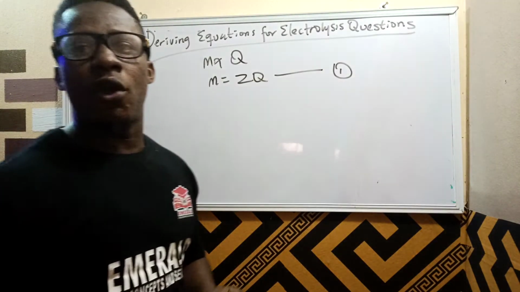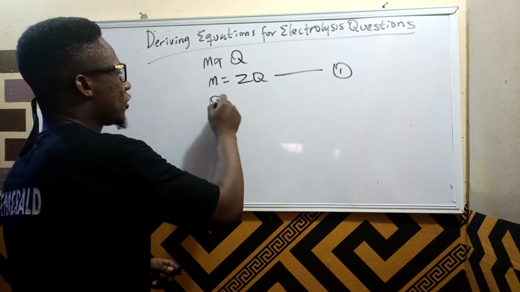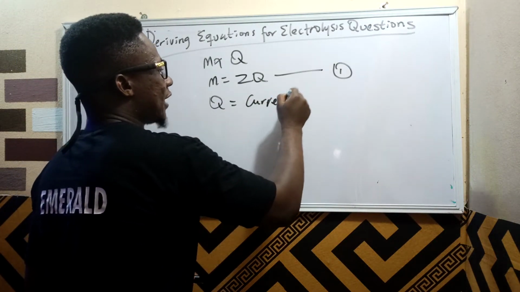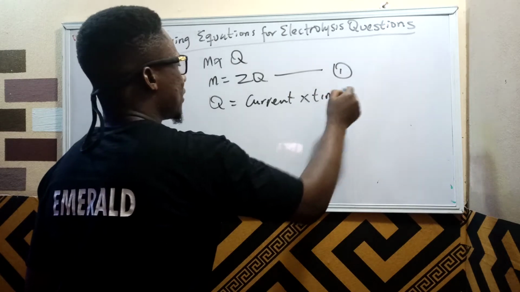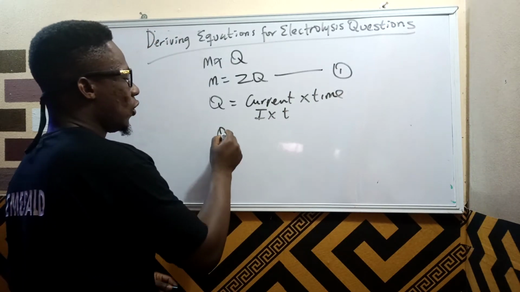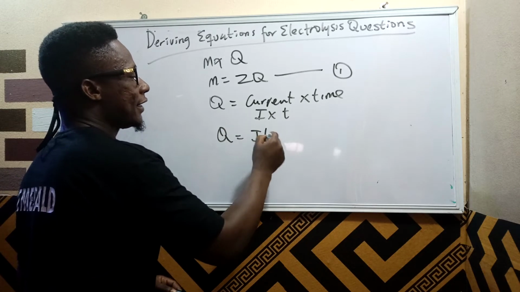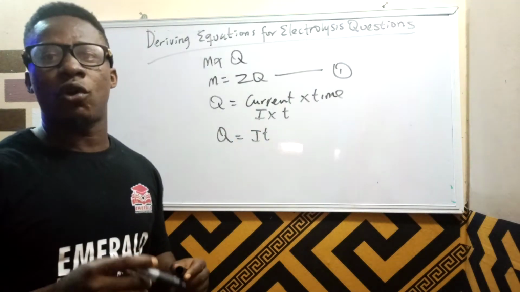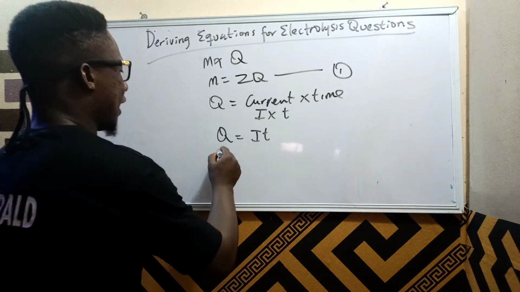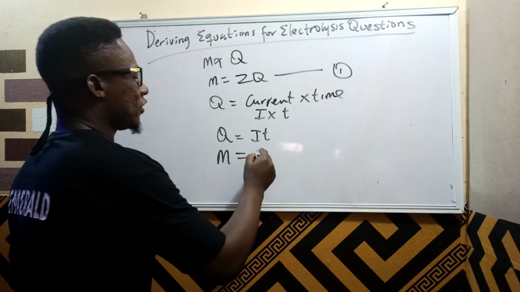However, we also know that Q, the quantity of electricity, is equal to current times time, that is I times T. Therefore, Q is equal to IT. When we slot this into equation 1, we can say M is therefore equal to ZIT.